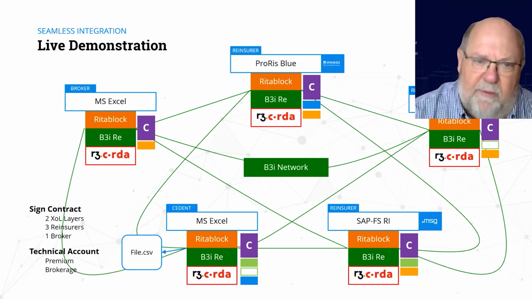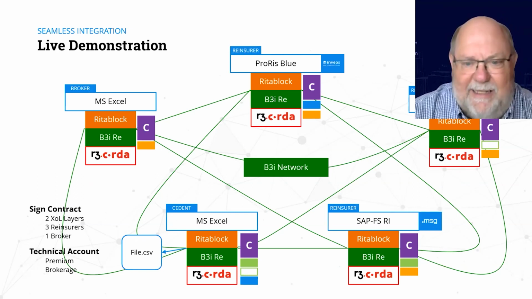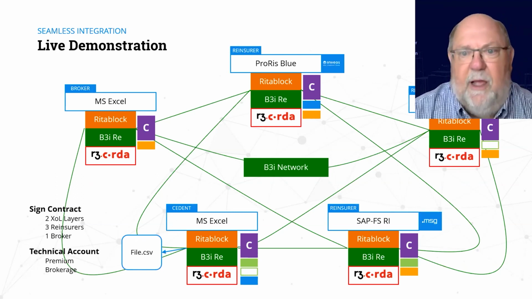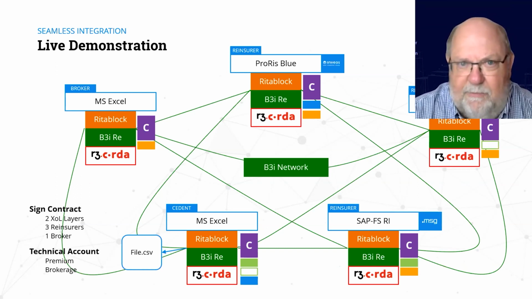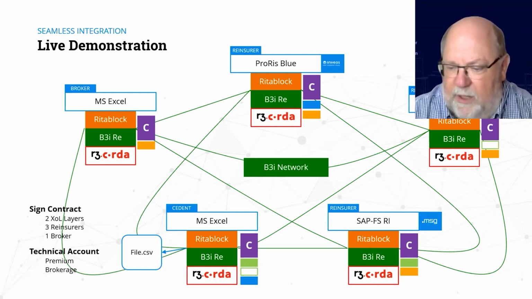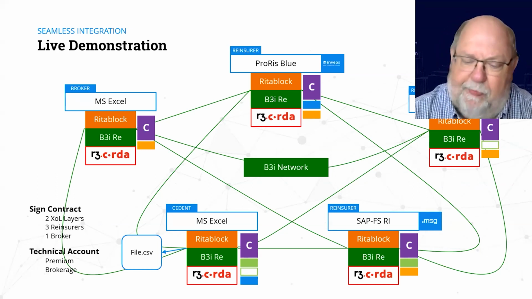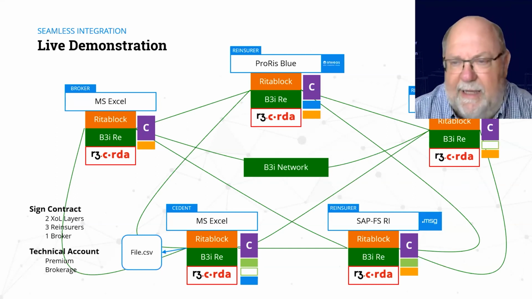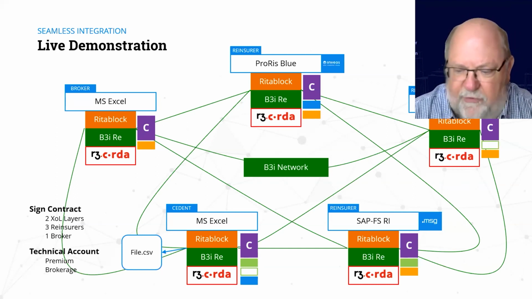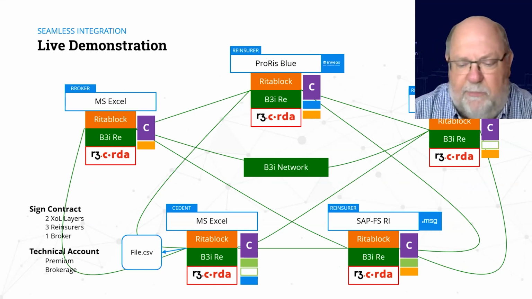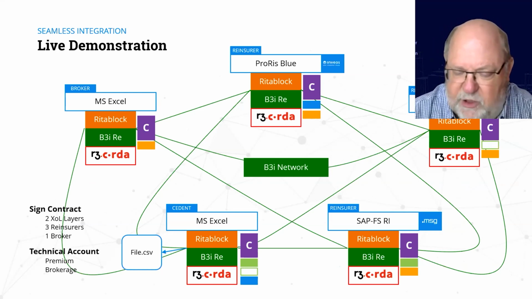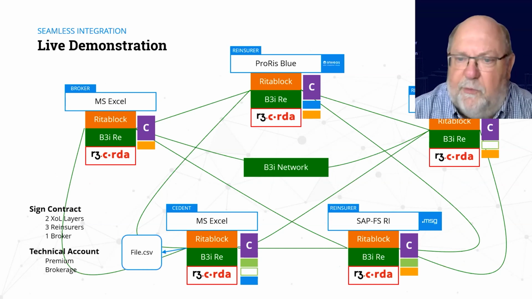Thanks to Ritablock, we will show you that you can easily transfer that to standard reinsurance systems like ProRis, like SICS, like SAP-FS RI. We could show it with Rise from Entity Data, which has a link already. At the moment, we are doing a proof of concept with the French company Prima Soft for Prima Excel.